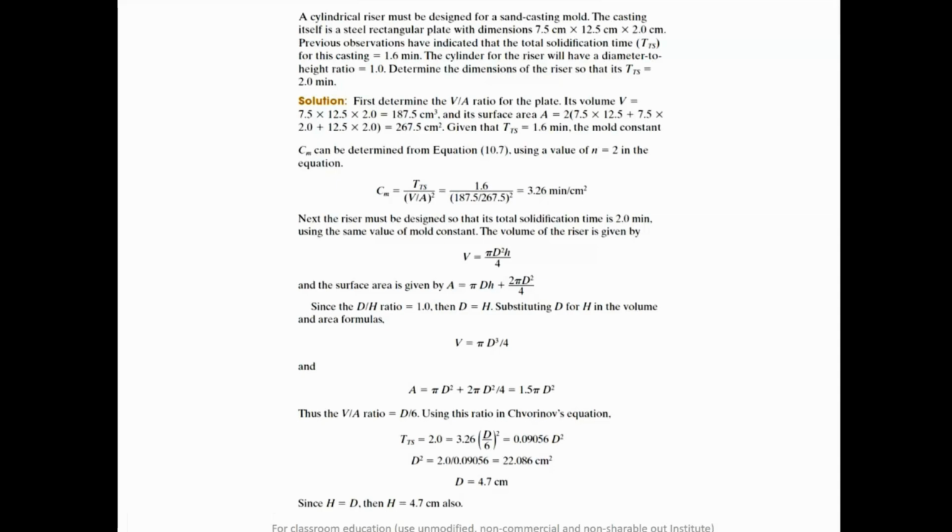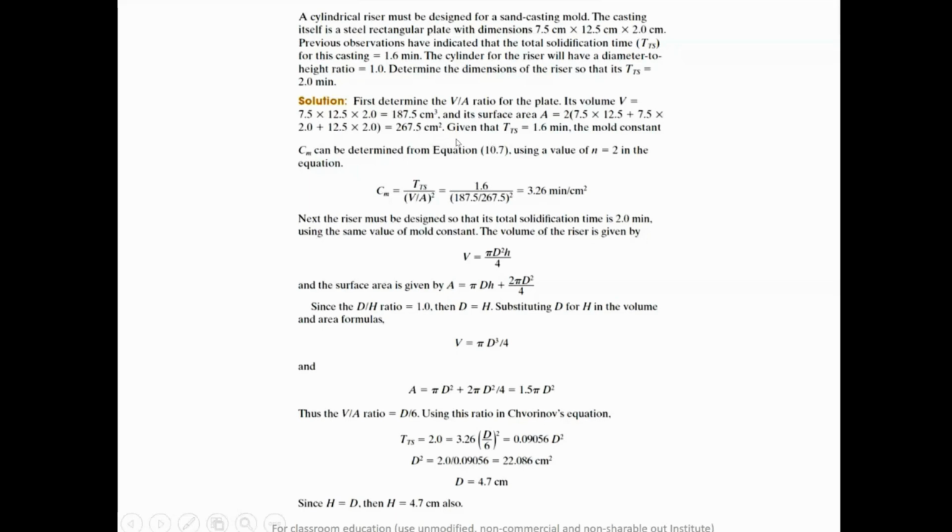You need to determine the dimensions of the riser so that its total solidification time is 2 minutes. First, we will determine the V by A ratio for the plate. We can easily calculate the volume of the casting, which comes out to be 187.5 cubic centimeters, and its surface area, calculating all 6 sides, comes out to be 267.5 square centimeters.